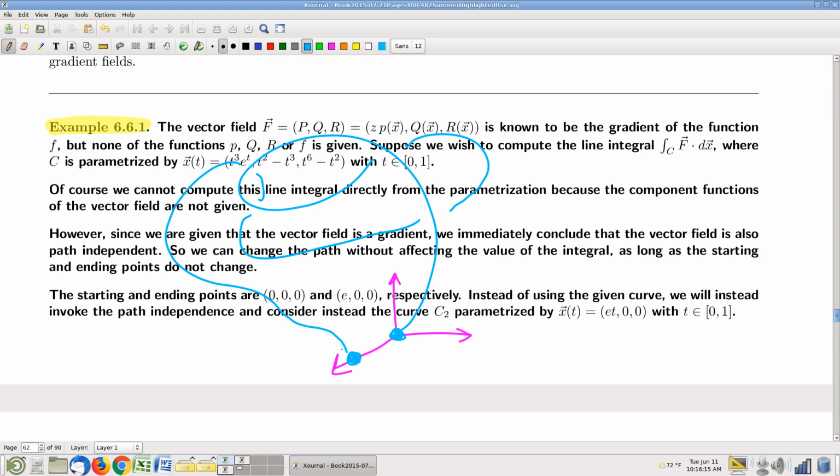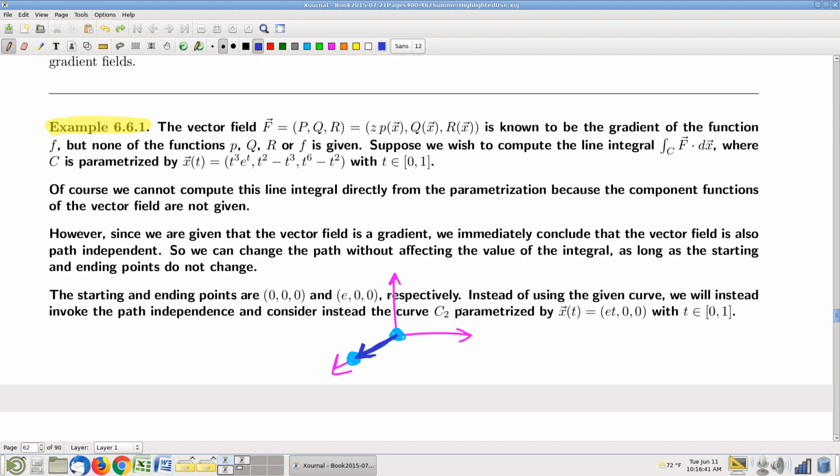What is our favorite alternative path that starts and ends at those same 2 points? And everyone has different preferences, I suppose. I have a pretty strong preference for the straight line path, like this, to use instead. Note it's got the same starting point, same ending point, right?